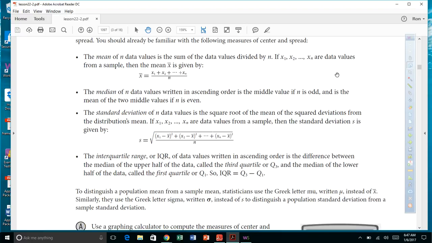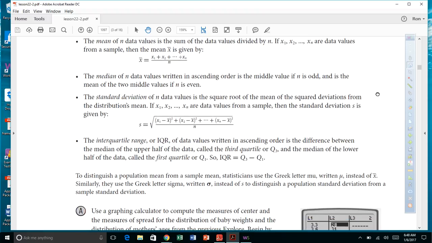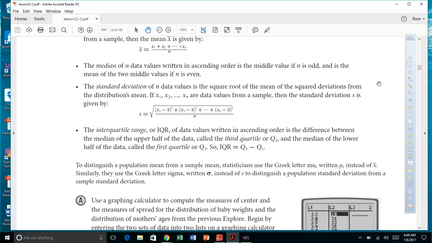If x sub 1, x sub 2, and so on to x sub n are data values from a sample, then the mean x bar is given by x bar equals the average of those numbers. The median of n data values written in ascending order is the middle value if n is odd and is the mean of the two middle values if n is even.